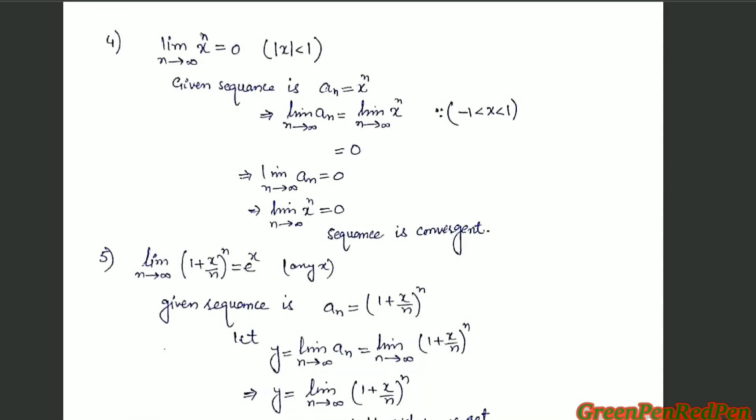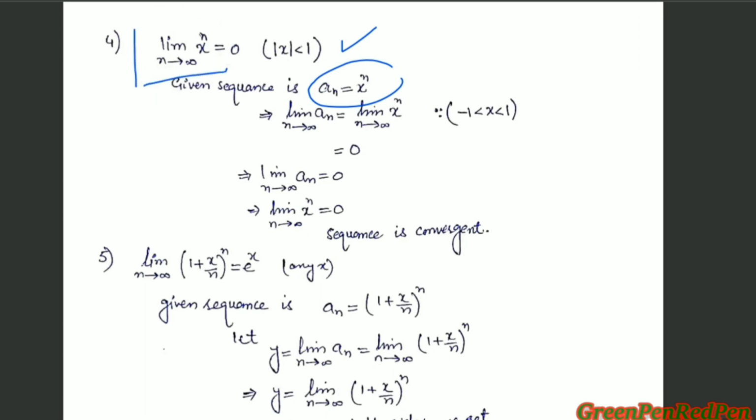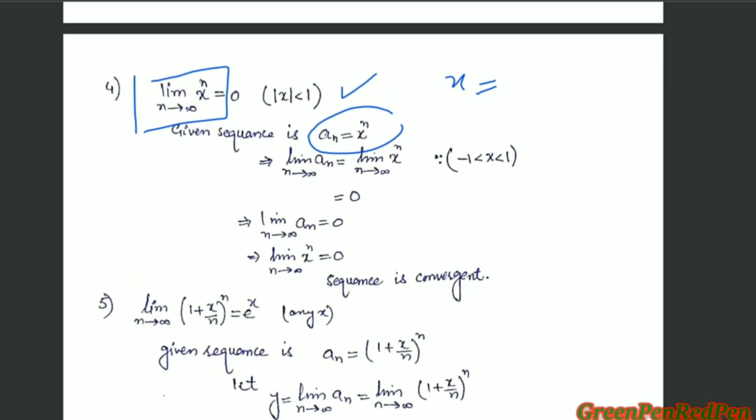Similarly, sequence 4 comes with this condition. If the condition was not mentioned, then this sequence would be undefined, because there may be three cases: if x is equal to 1, if x is less than 1, and if x is greater than 1.